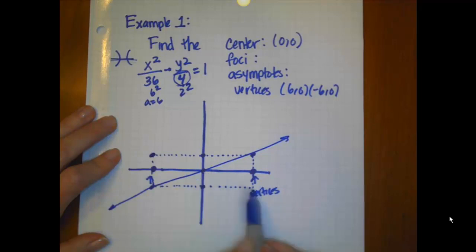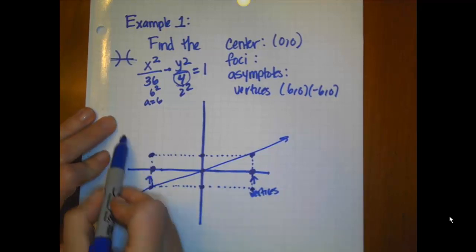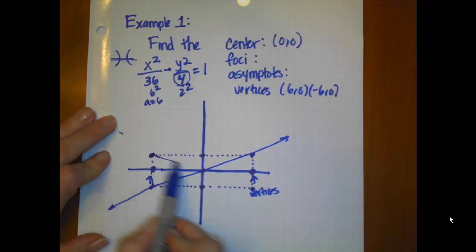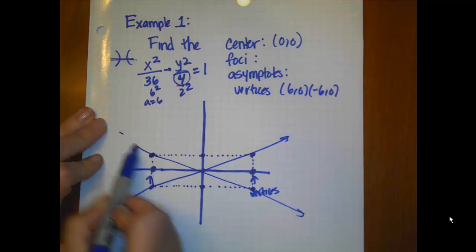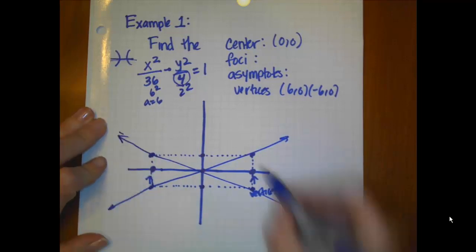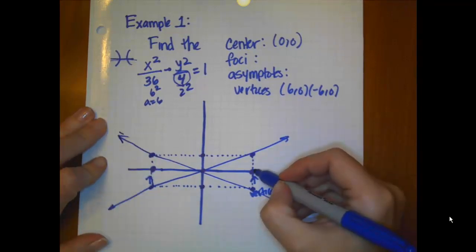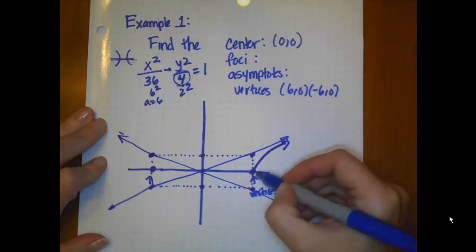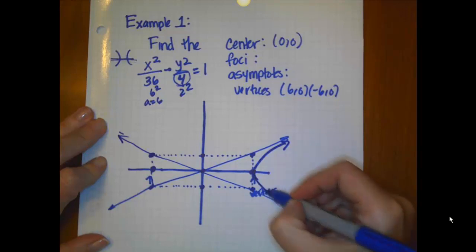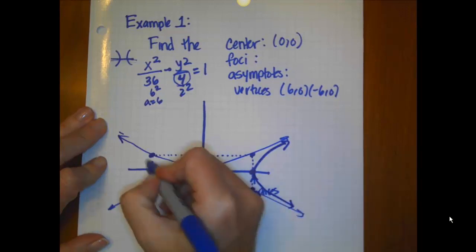And then where these meet over here, the corners of that rectangle, there is going to be another asymptote. Okay. With my vertices, this represents my hyperbola. The hyperbola is going to have a vertex at (6, 0), and is going to be drawn along those asymptotes.